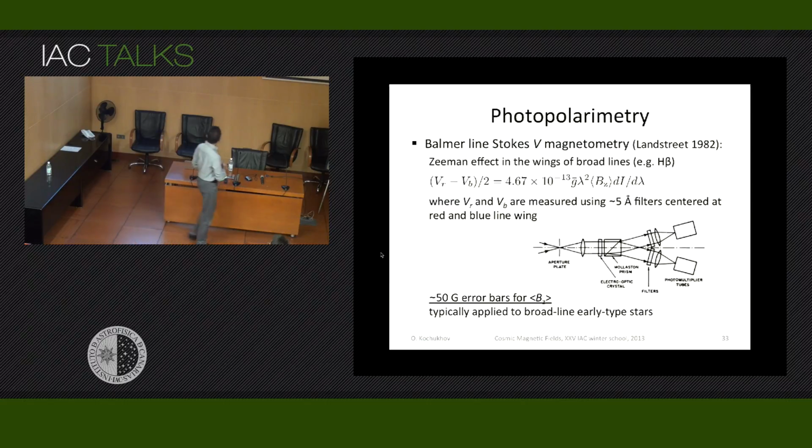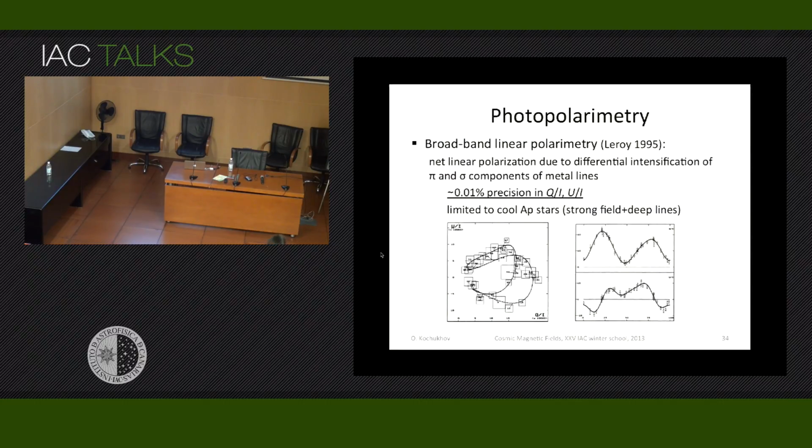Typically, what one can achieve for stars is around 50 Gauss precision for the line of sight component BZ. As I mentioned, this works if we have broad lines with well-developed wings, so it's applicable to A, B, and O-type stars.